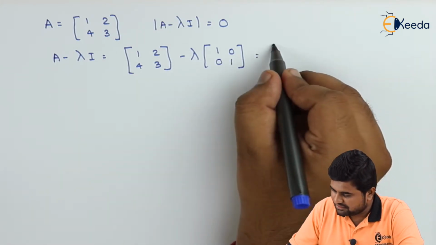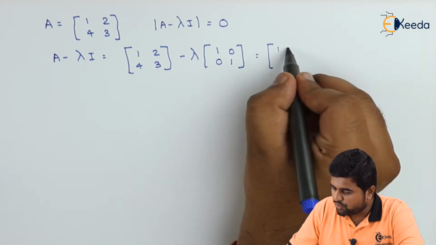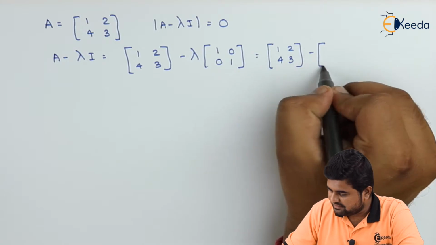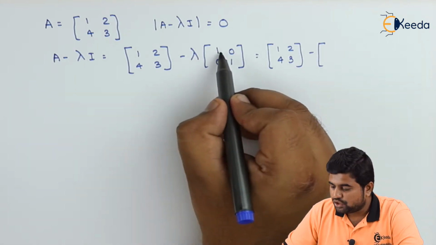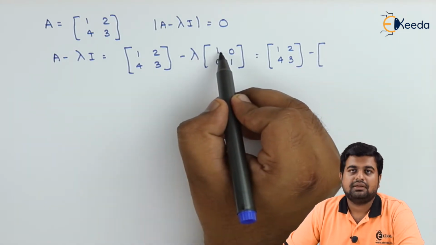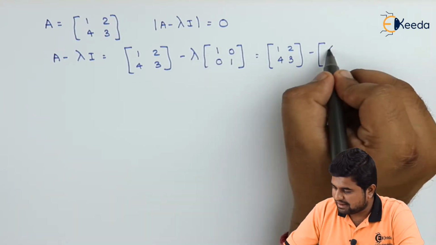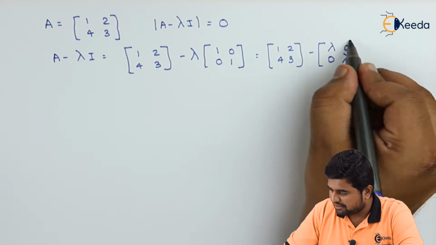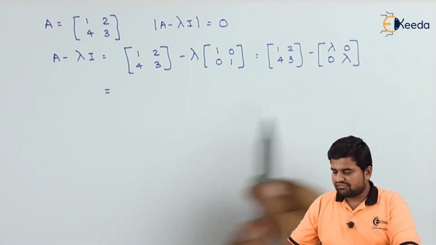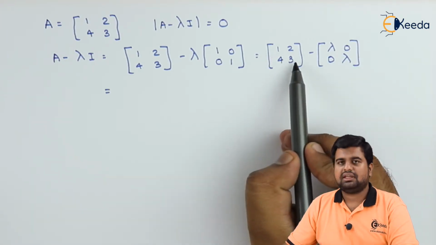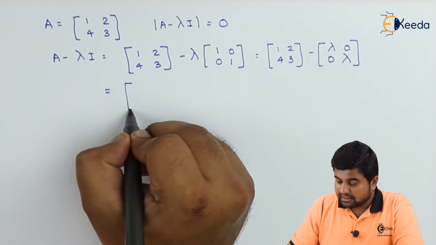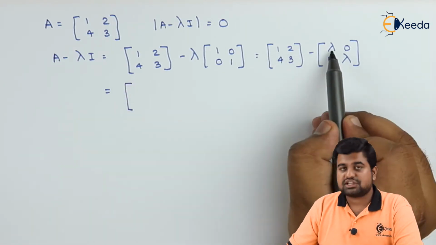That is 1, 2, 4, 3 minus lambda multiplied to each value of the unit matrix. So lambda into 1 is lambda, lambda into 0 is 0, 0 and lambda. So we have 1, 2, 4, 3 and lambda 0, 0 lambda. I'll subtract corresponding elements.